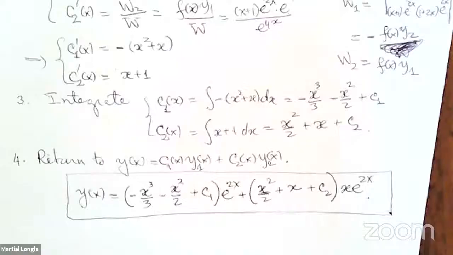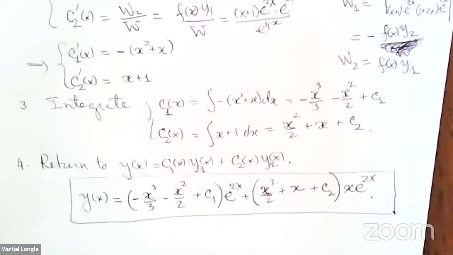So that's technically what it is. That's how it works. And here we looked at it for a second order problem. Now let's do it for a third order problem when you have three functions. Say example 2.